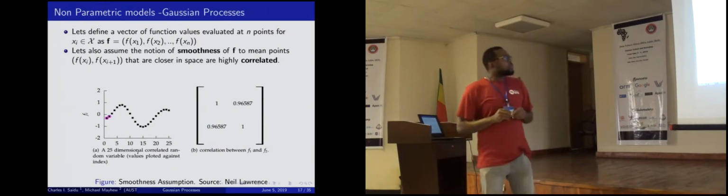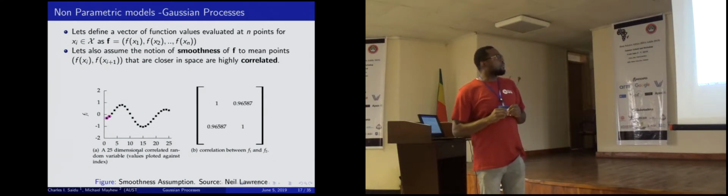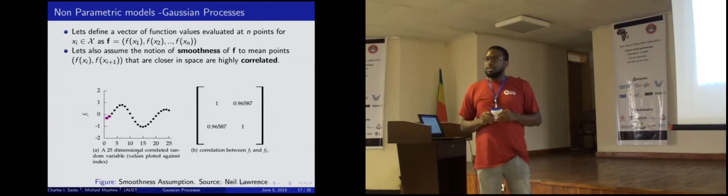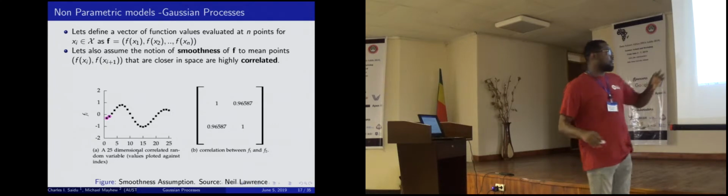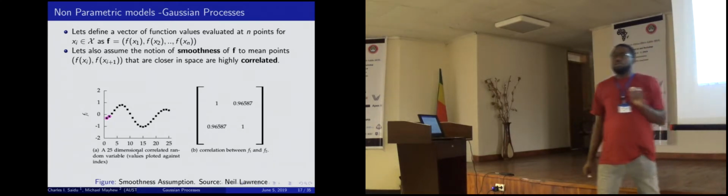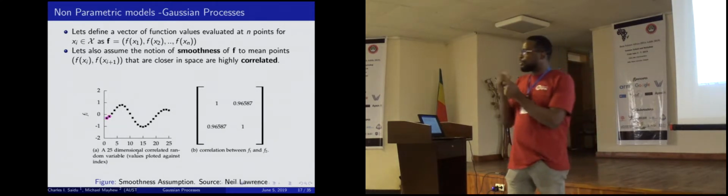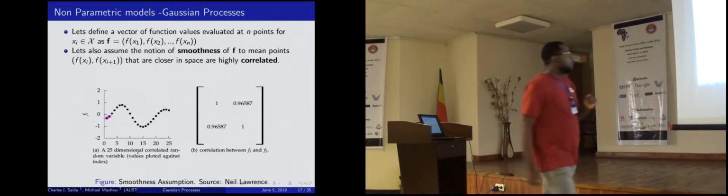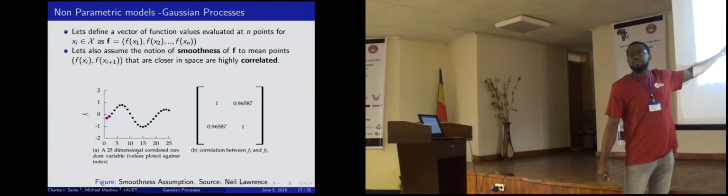So this is the motivation for the Gaussian process. Imagine that you have this data. We can assume some notion of smoothness, to say that the points that are closest to each other are highly correlated.